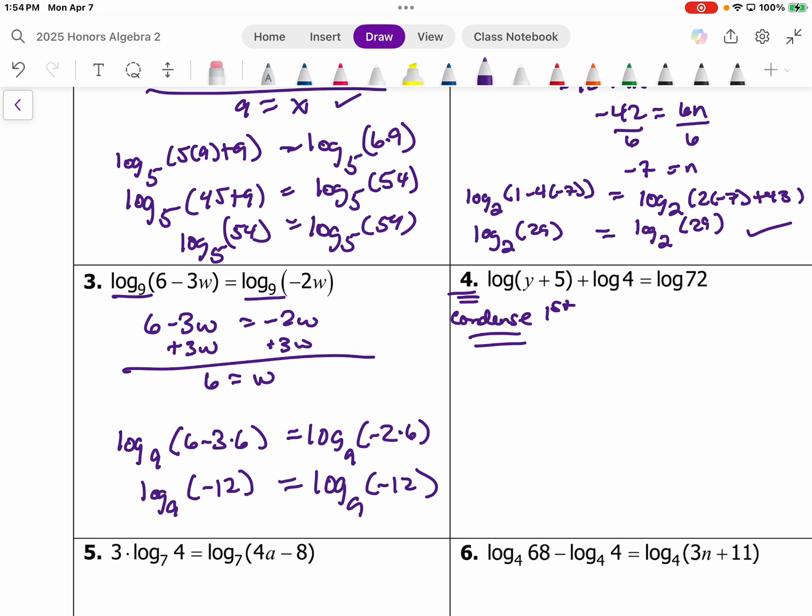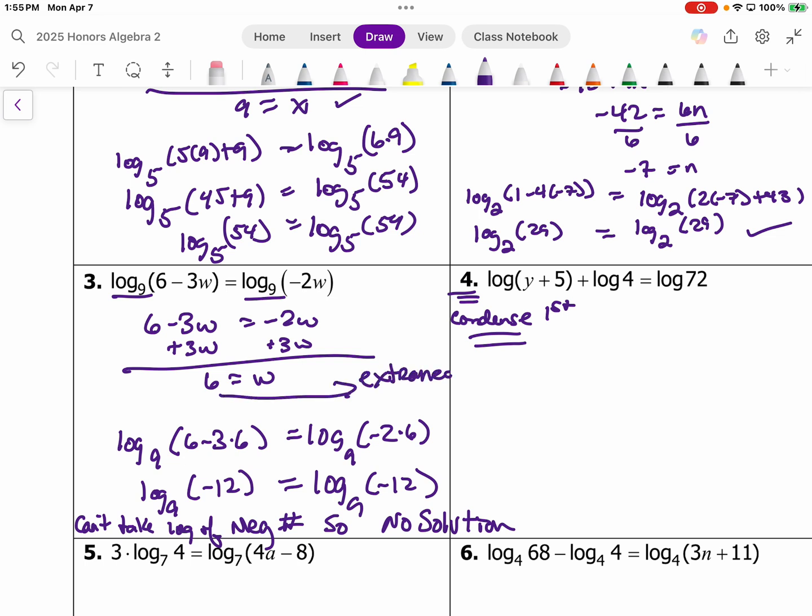Here we would say can't take log of negative number, so no solution. The w equal to 6, that's technically an extraneous solution. This is my extraneous solution.